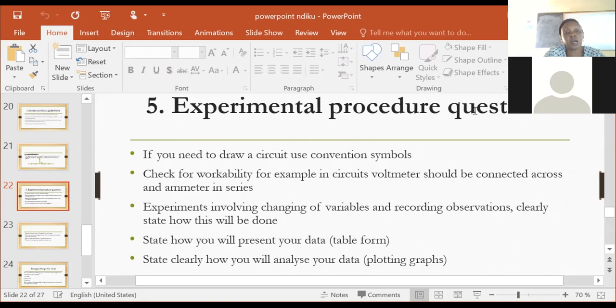When it comes to questions involving experiments, it involves changing variables and then you record the observation. Then clearly state how this will be done, how you will present the data, and how you will analyze the data, whether through graphical means or through calculation.